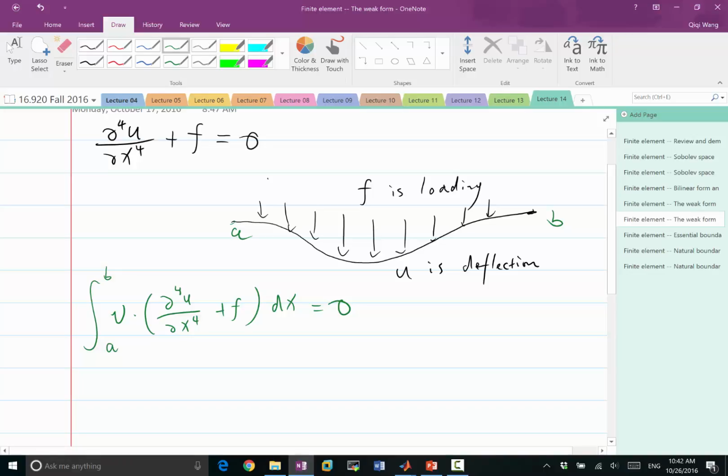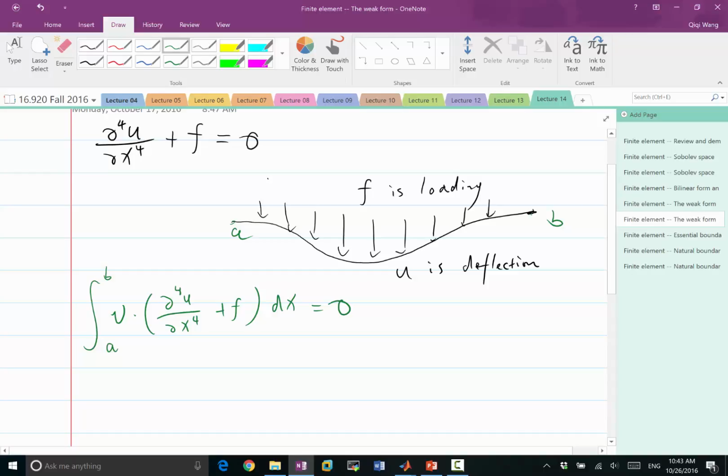The boundary condition for the beam can be simple support, or clamped. A simple support means the value of u has to be a certain value, which means the position has to be fixed. And also it has no bending moments, which means the second order derivative of u has to be 0. The second order derivative is like the curvature.